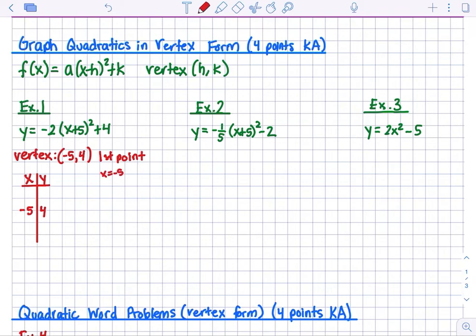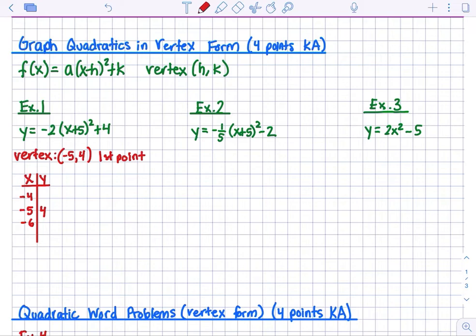This is your axis of symmetry, which means that's your mirror line, so we can reflect across that line. For this one, let's put a number right below -5 and a number right above. So now we just need to plug -4 into the original equation to find another point.